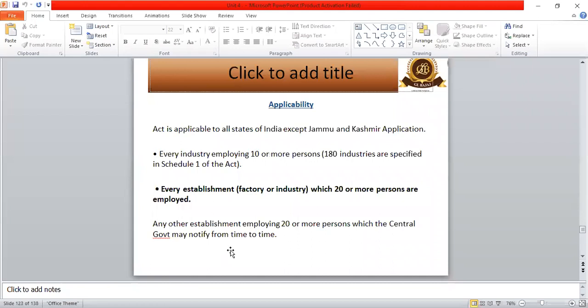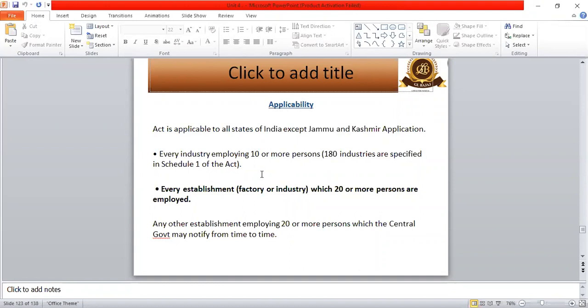Applicability. So where is this act applicable? First of all, this is applicable all over India except Jammu and Kashmir. So in the state of Jammu and Kashmir, this EPFO is not obligatory and not mandatory on the organization, and they can do away with this. Second, every industry employing 10 or more persons, 180 industries are specified in Schedule 1 of the Act.